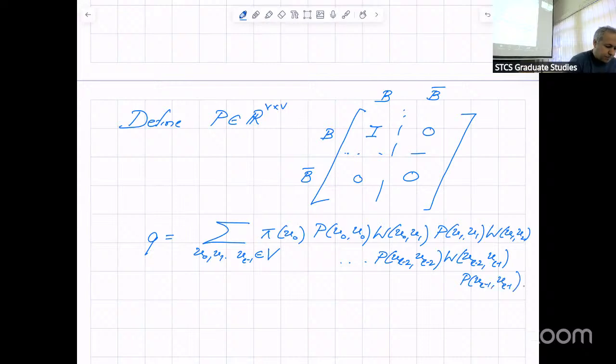P(U0, U0) ensures that if U0 was not in B, the term becomes 0. Similarly, P(U1, U1) checks that if U1 was not in B, it makes it 0. Notice this is a quantity which we know. What is happening here? When I range over this whole set, this is exactly like matrix multiplication.